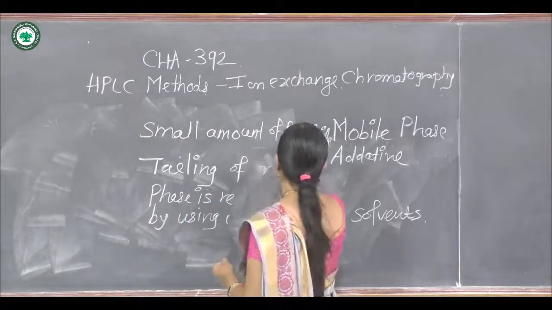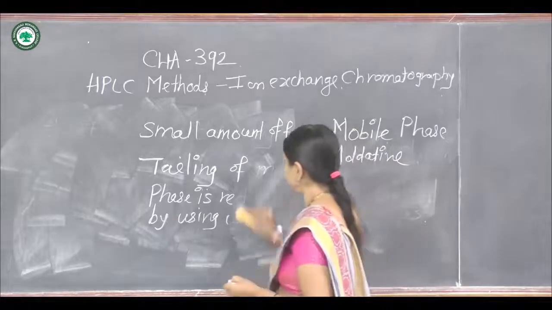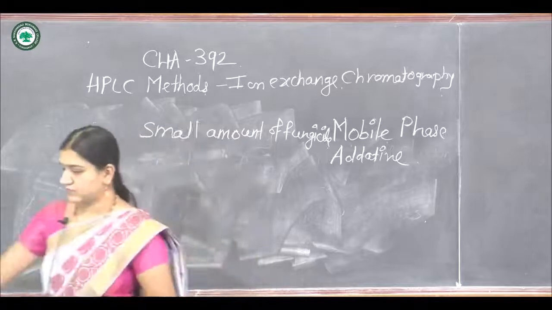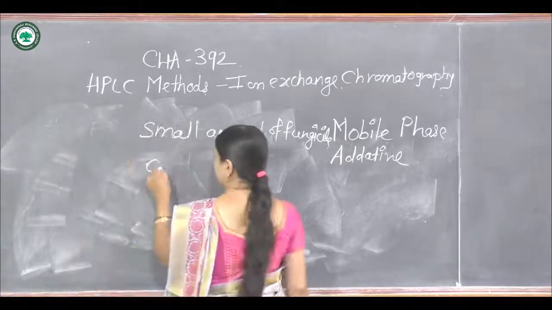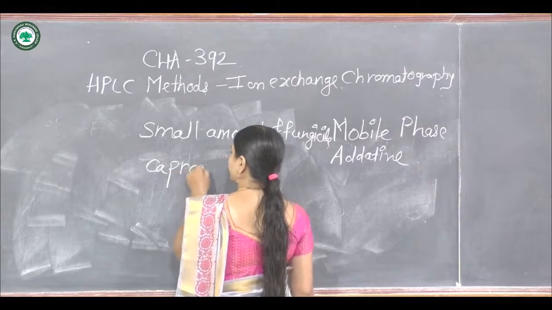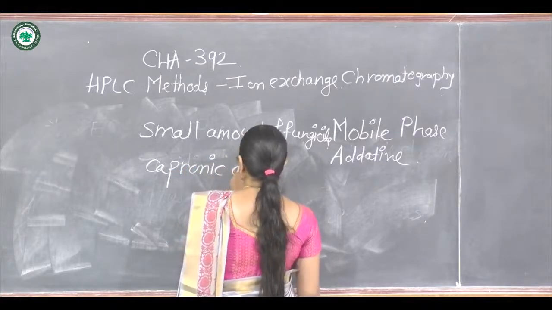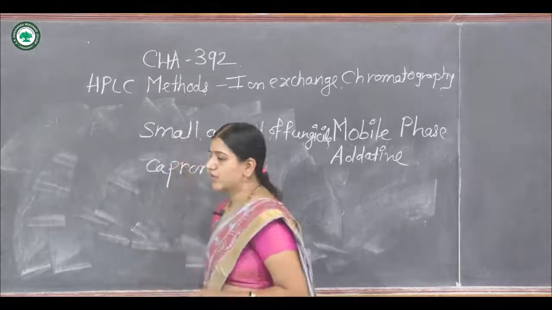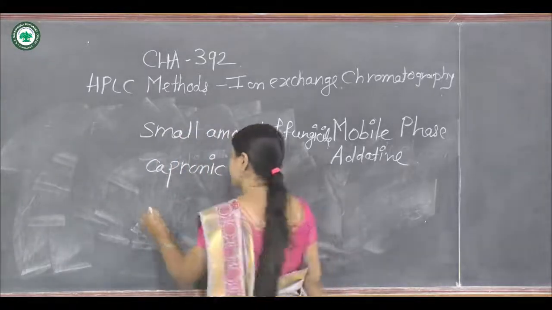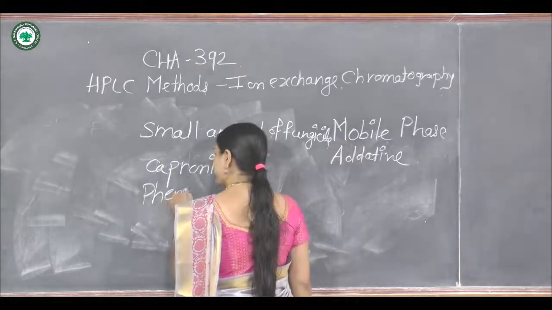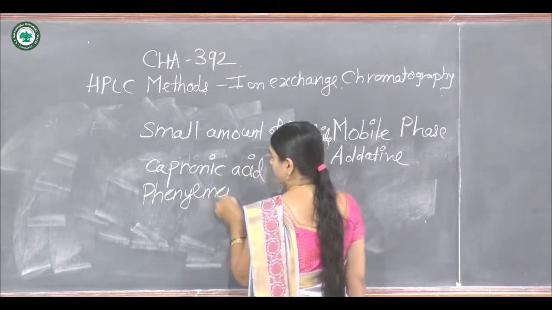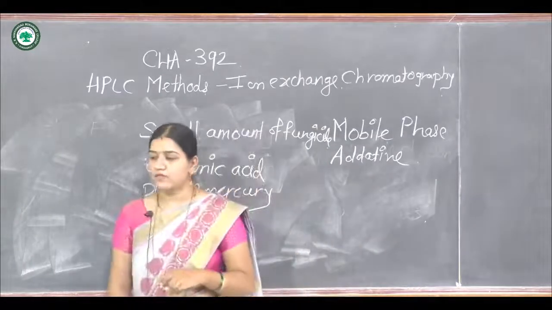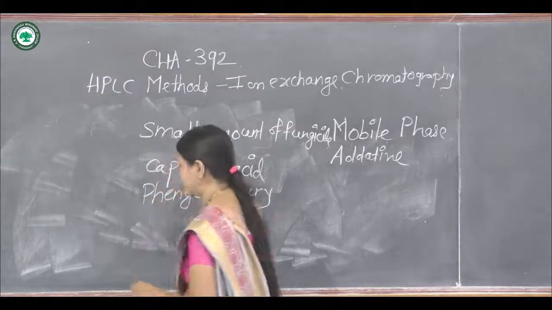Such as caproic acid, then after caproic acid, the next one is phenyl mercury. After phenyl mercury, the next is sodium azide.